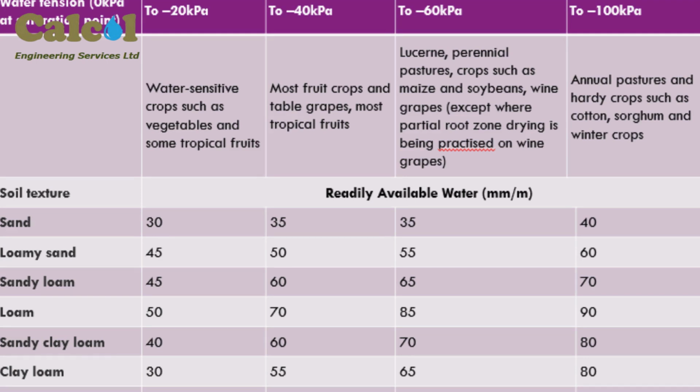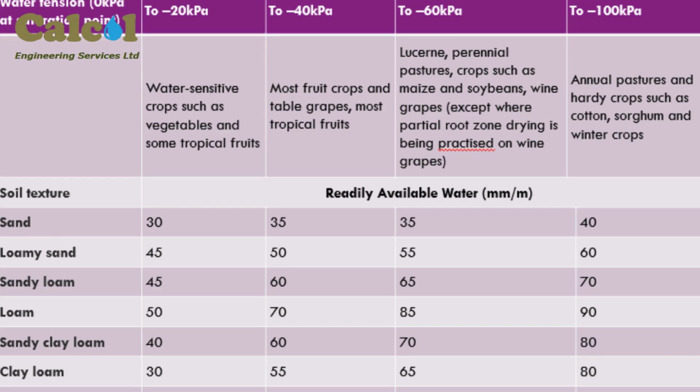As you can see from the table, there are different groupings of water tension, like 0 kPa at saturation point, then 0 to 20 kPa, then up to 100 kPa. Water tension group is just how tightly water is held in the soil and how that water is available to plants based on soil water tension.